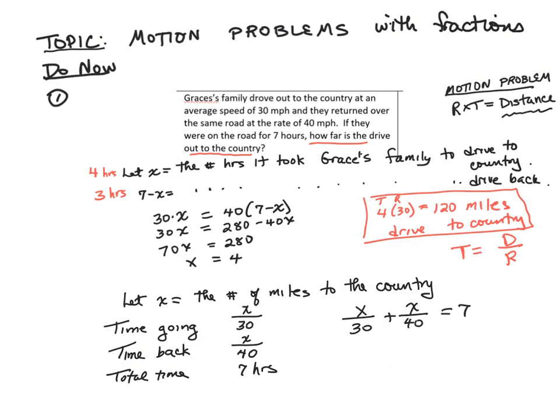And if we proceed to solve this time, x would give us the distance directly. So we would multiply both sides by the least common denominator, which in this case would be 120. And let's see if we get the same answer.